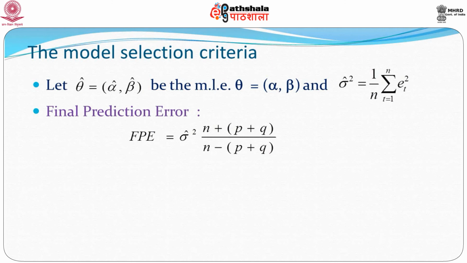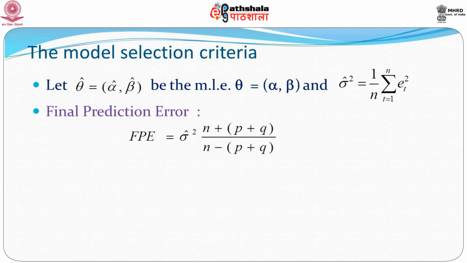Now, notice that if you have p plus q large, then sigma hat square is going to be small, because you have a large model and most of the model would be accounted for, the errors would be small and the error variance would be small also. So, the first term would be small, but if you look at n plus p plus q by n minus p plus q, as p plus q increases, this increases.